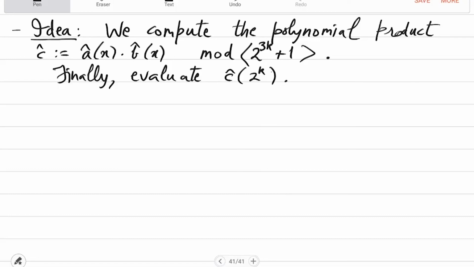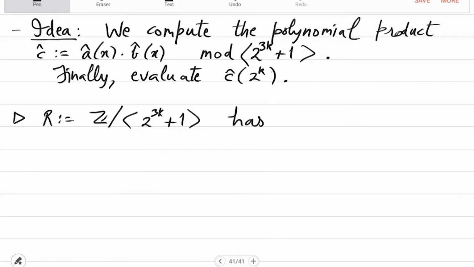So the ring where we are working is the ring of integers modulo 2 raised to 3k plus 1.